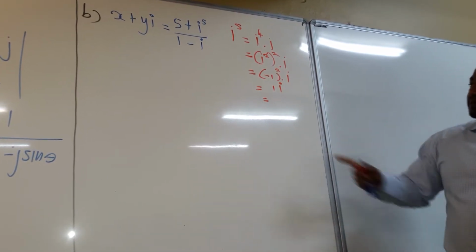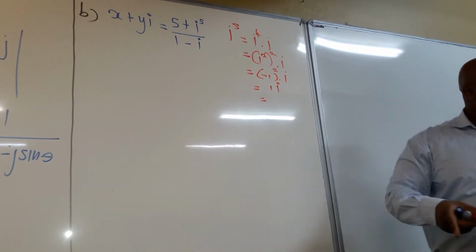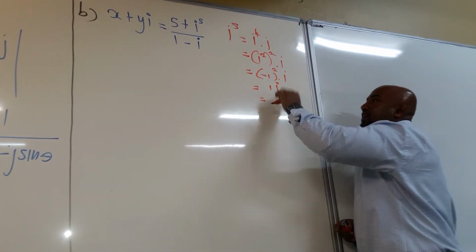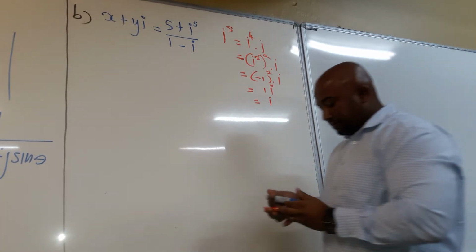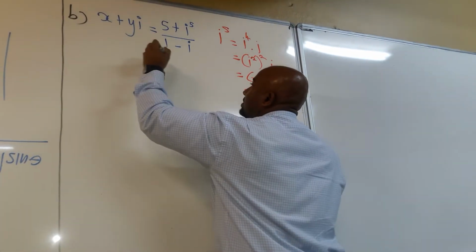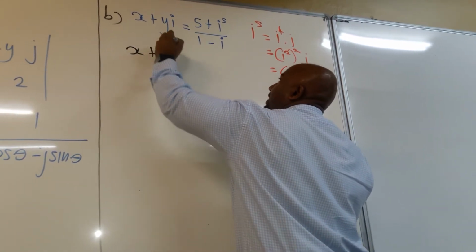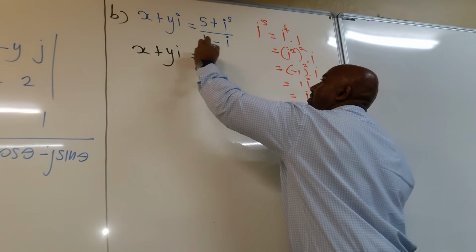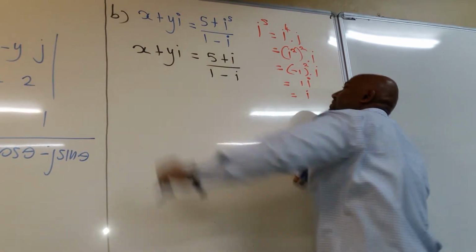We can easily make a mistake here and think that this is an 11, when we're going from step to step. So now the 1 times I is I, so let's just replace that. So therefore you have x plus yi is equal to 5 plus I divided by 1 minus I.